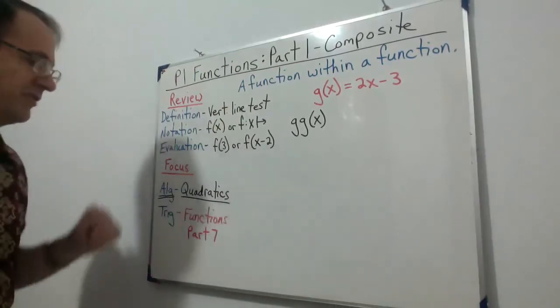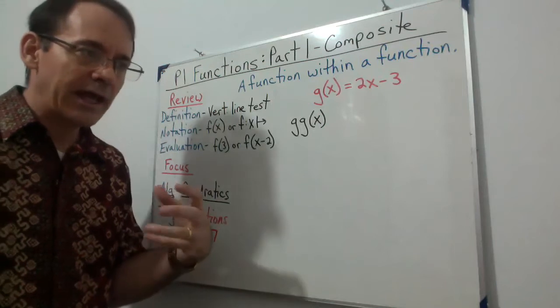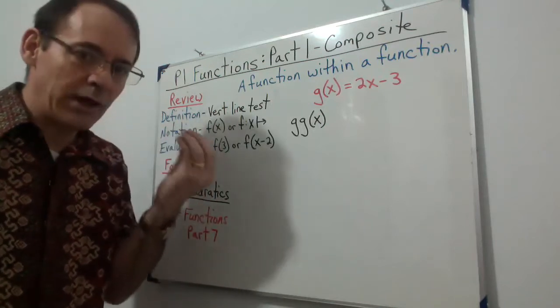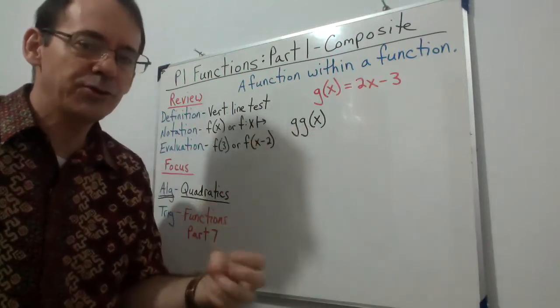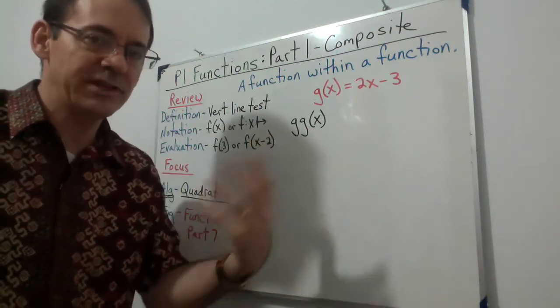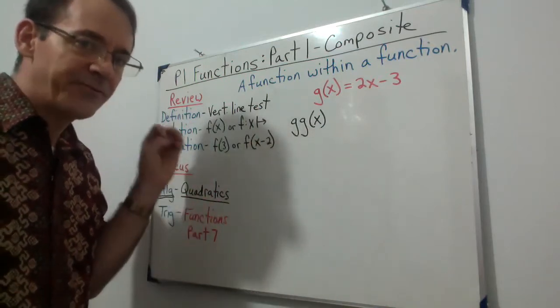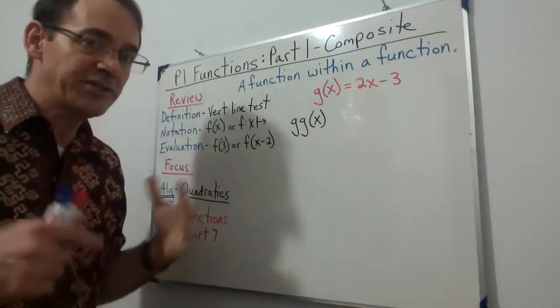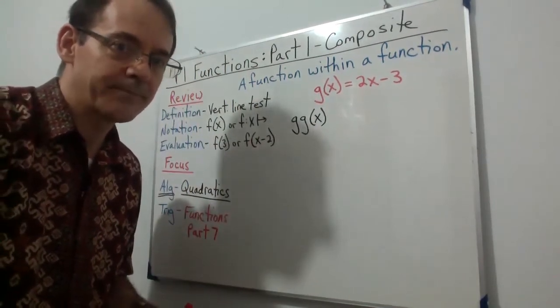Now, function notation. The notation is what drives the math. It tells you what to do. It gives you the instructions. So it's very important that you learn the function notation so that you know what it is that you're supposed to be doing.